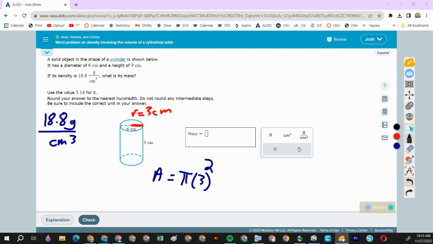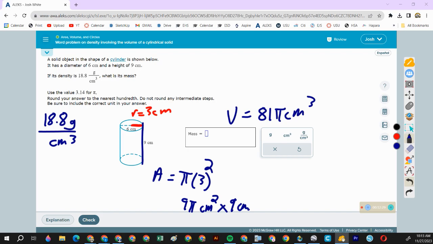Okay. So that is 9 pi centimeters squared. And then I need to times that by the height, which is 9 centimeters. So the volume of that figure is 81 pi centimeters cubed.